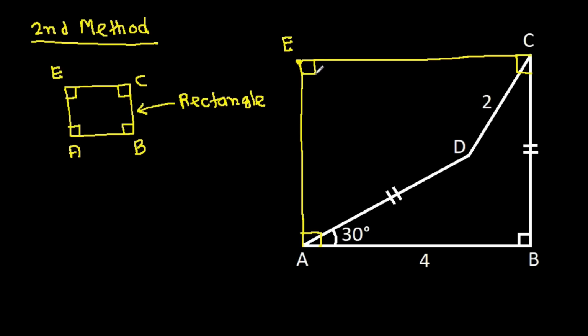This angle is 90 degrees, and AB will be equal to CE, and AB is 4. So CE will be 4, and BC will be equal to AE.